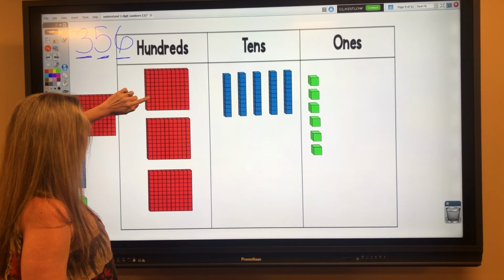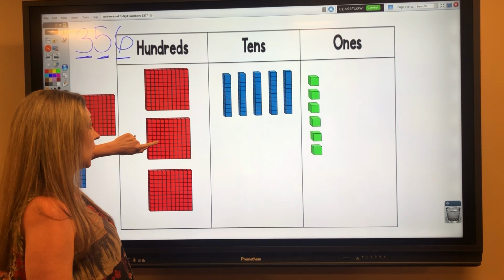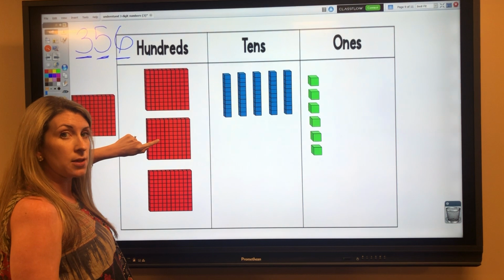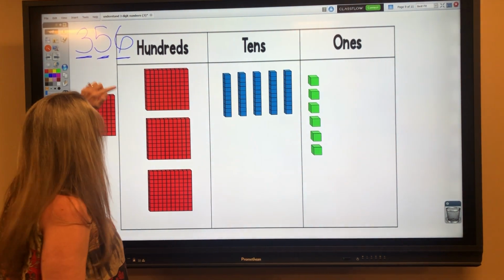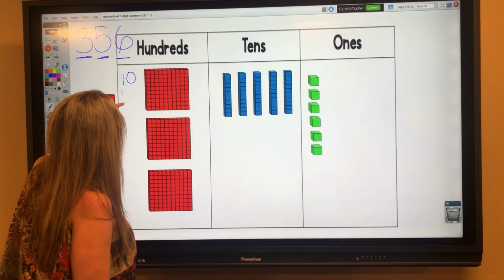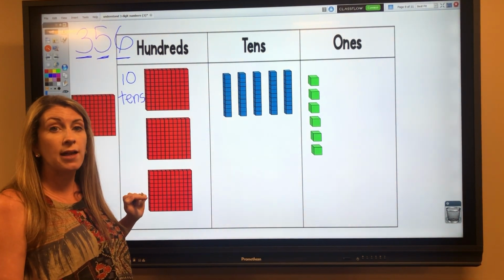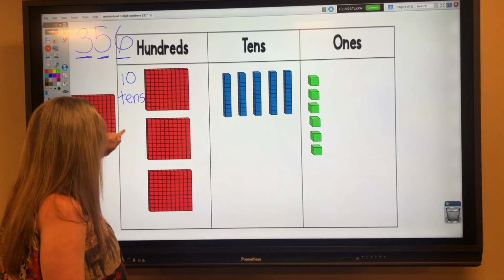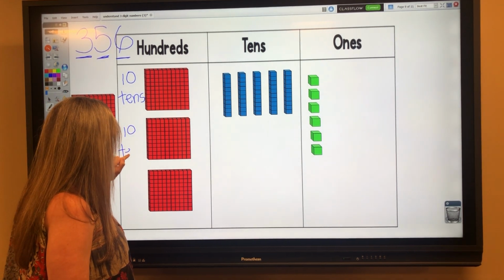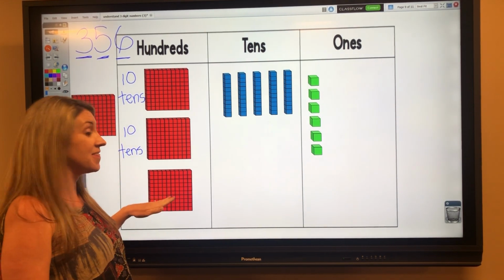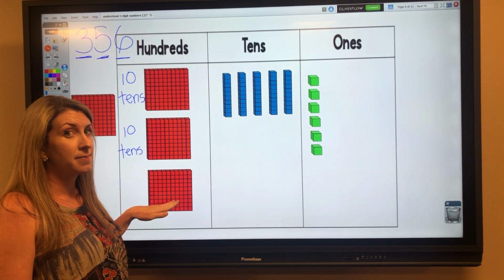That means another 100 flat would also equal 10 tens. This 100 flat, 100 would also equal 10 tens. And this last one would equal what?